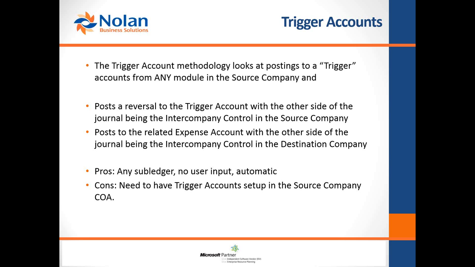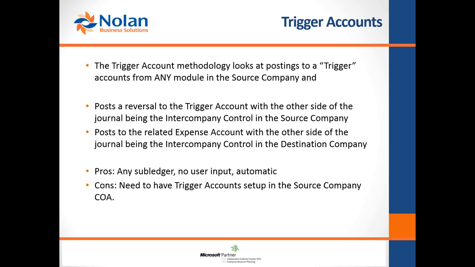So posting through trigger accounts, we can get it so that the reversal journal and the journal in the destination company are all posted automatically. There's various gates that posting goes through, and we can switch those gates to open or closed. So at any point during that transaction, if you want to stop the posting happening, you can do so for some human control.